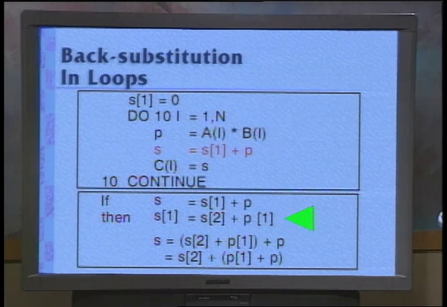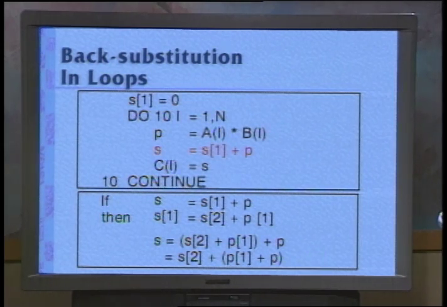And now we can take this expression and substitute it for S[1] in this expression. So we get this over here, that S is equal to S[2] plus P[1], namely this expression, plus P. And then we can reassociate the addition to get it in the following form, that S is equal to S from two iterations ago plus this term.